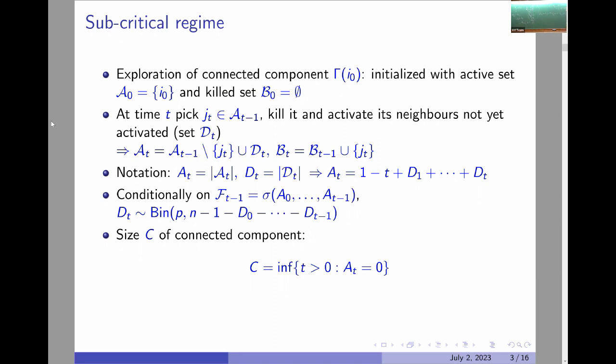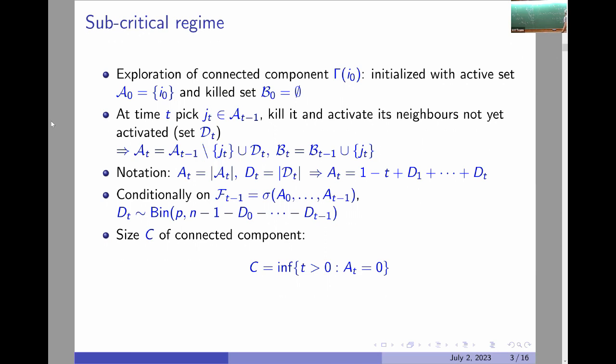And so I know that T is going to be equal to 1 plus D1, etc., plus DT. So the time at which I hit 0 with my process is 1 plus the number of newly activated nodes. And so that is the size of the connected component.